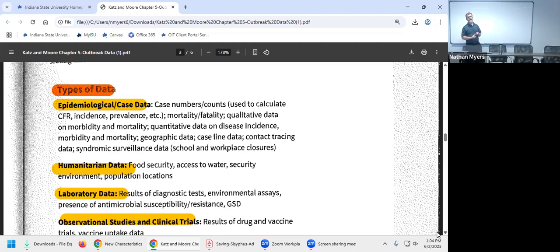Humanitarian data is also applicable. So, this pertains not only to dealing with outbreaks, but to dealing with public health in general: the level of food security and access to clean water in communities.